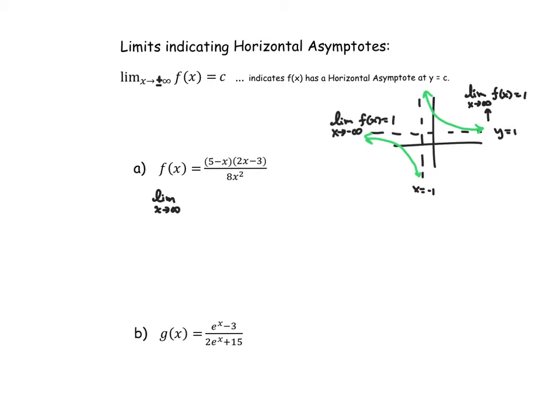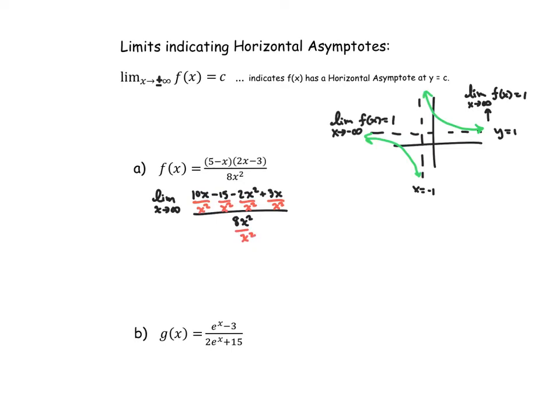If I FOIL that, I get 10x minus 15 minus 2x squared plus 3x. In the denominator, I just have 8x squared. Now I'm going to divide everything by the highest power, x squared, and see what happens.